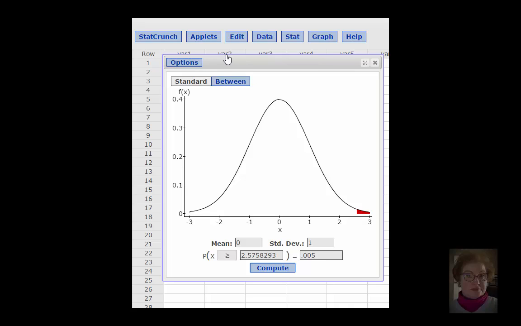And then again, we know the z-score, and so when it's 0 and 1 for the mean and the standard deviation, this actually should be a z-score rather than x, because it's standardized. When it is not 0 and 1, then this x is very, very appropriate.